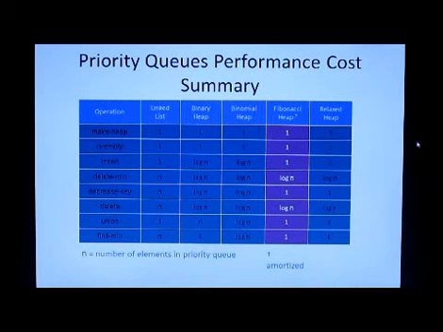And this is our priority queue performance summary, where we show some comparison between Fibonacci heap and the other heaps. As you see, all the operations take only O(1) except delete minimum and delete, and n is equal to the number of elements in the priority queue.